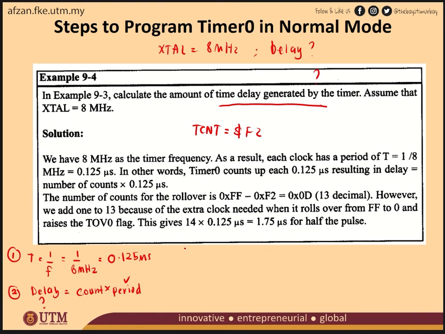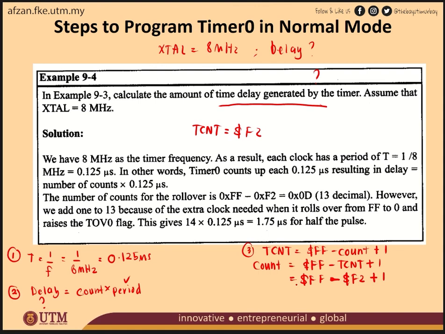Using the third equation, TCNT equals FF minus count plus 1. So count equals FF minus TCNT plus 1. FF minus F2 plus 1.